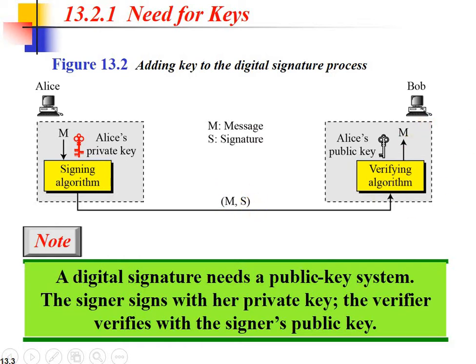At the Bob side, the receiver side, Bob has to verify the signature by applying the sender's public key, because it is public and known to anyone in the medium, and the other input is the message itself. When the signature is verified at the receiver side, the message will be accepted by Bob, otherwise not.